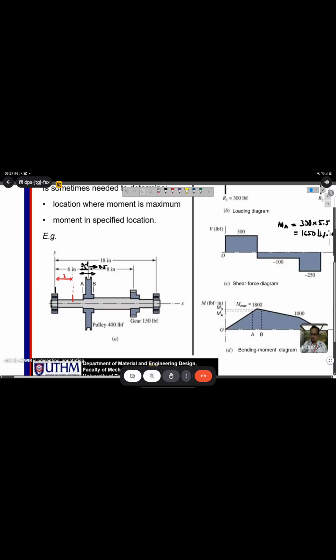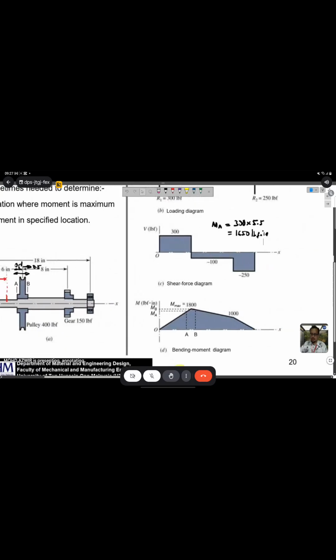Okay. So let's say you want to study B. Let's say you assume B will be critical and you want to calculate the bending stress at B. So you need to calculate the moment at B. Let's say this one is 6, and we have another 0.5 after 6 inch here.